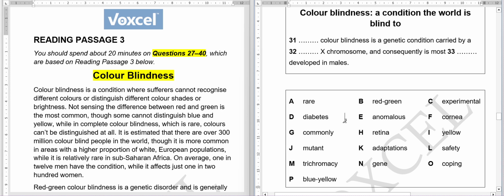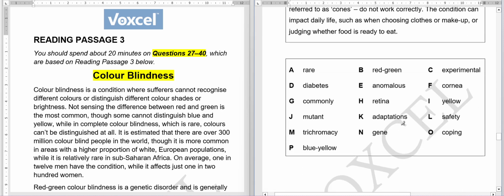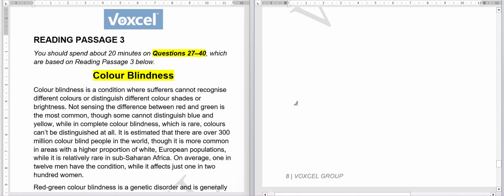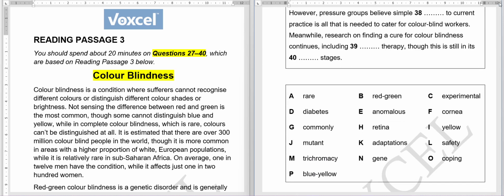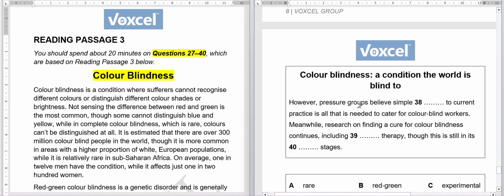So 31 to 33 is here, then questions 34 to 36 and 37, and there is 38 to 40. With the help of this division I will be able to show you questions as well as options with the information on the left, obviously. That's why I have divided.